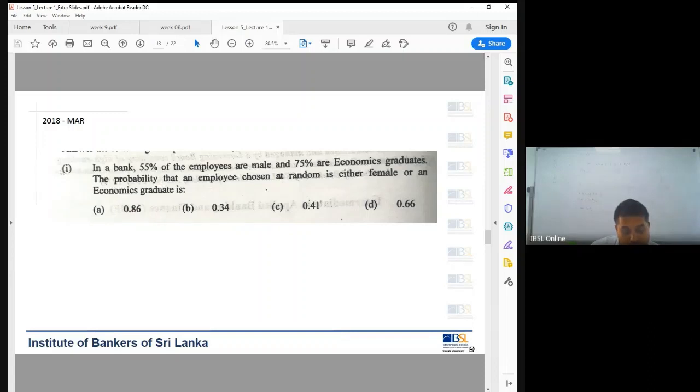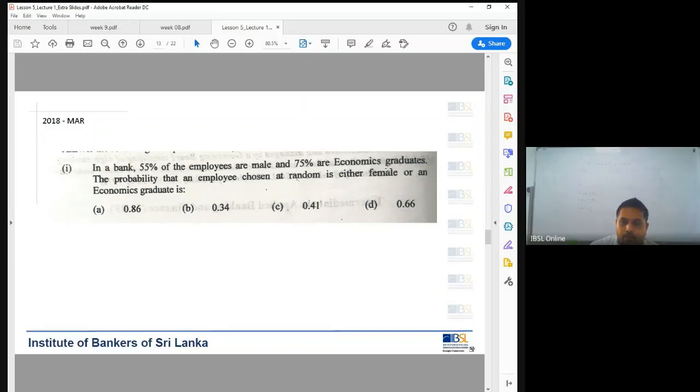They want us to identify the probability that an employee chosen at random is either female or an economics graduate. Without drawing anything, you can merely argue for this question. Let's look at it this way. Either female or economic graduate. That means this is an addition of probability.